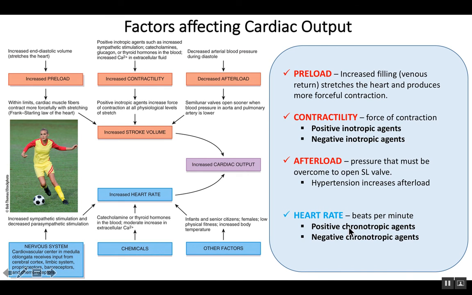They either speed it up, positive chronotropic, or slow it down, negative. You'll notice there's some things that are on both sides. If you look at sympathetic stimulation, it's going to increase volume and rate. So your sympathetic nervous system is both positive inotropic and positive chronotropic.